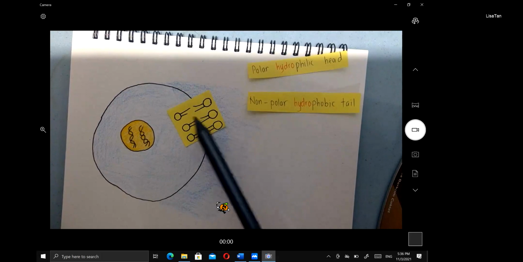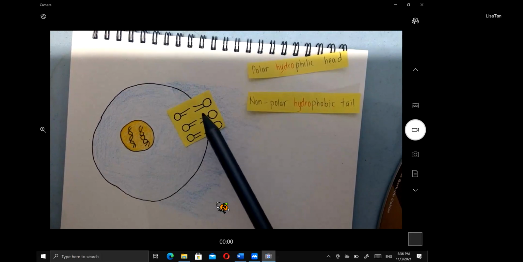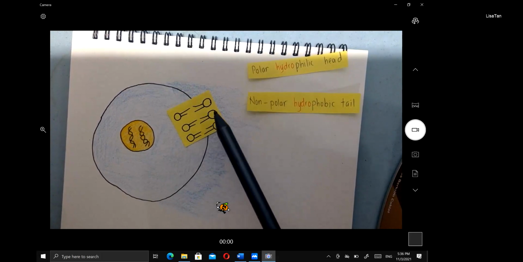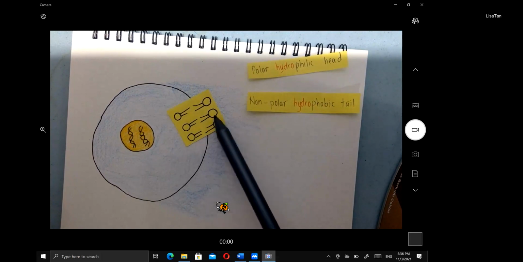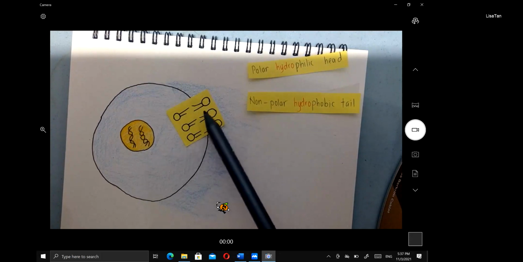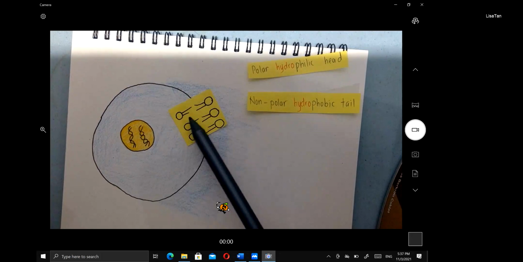Can you see? So our plasma membrane, or I say our cell membrane, is made up of how many phospholipid layers? One or two? Finally, the scientists concluded that our plasma membrane is made up of a phospholipid bilayer, which is two layers. They are not a single layer.